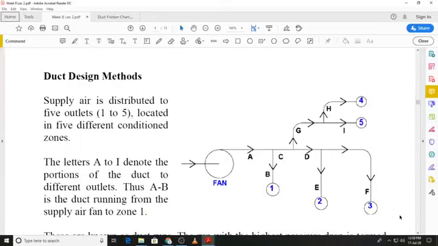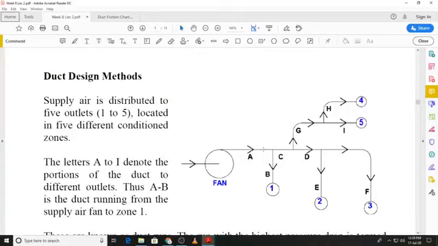If you look at a simple duct layout that is shown over here, you have the fan, and from the fan you have the main branch, main duct, and from the main duct you can see the branches which are taking the air to the various spaces through the outlets which have been numbered 1, 2, 3, 4, 5, and various segments of the duct system have been labeled by using letters.